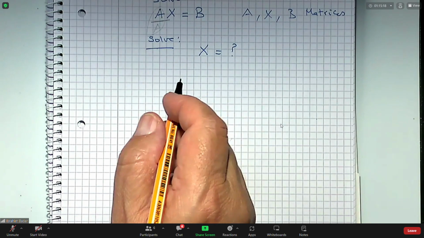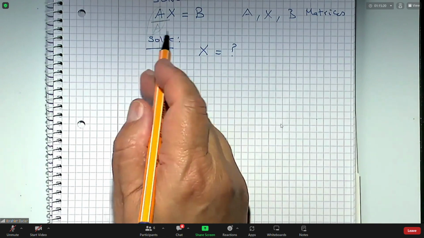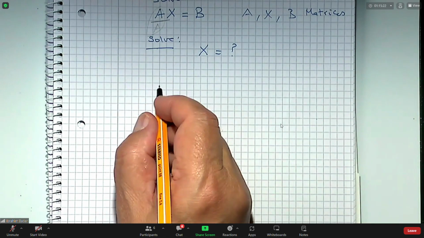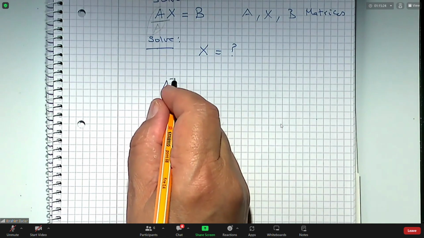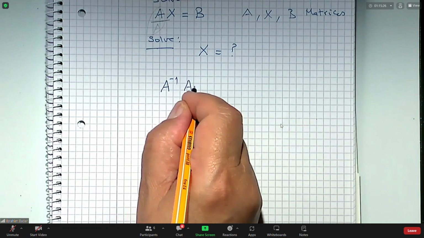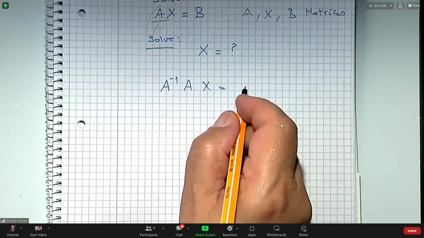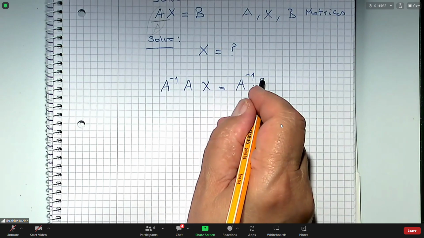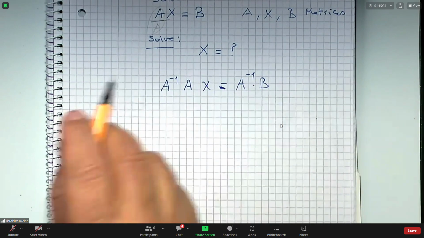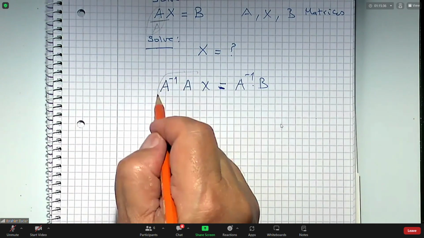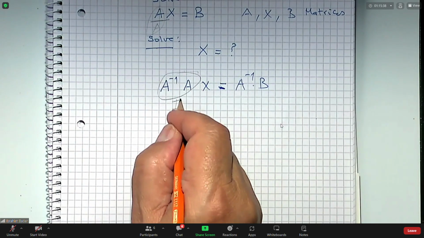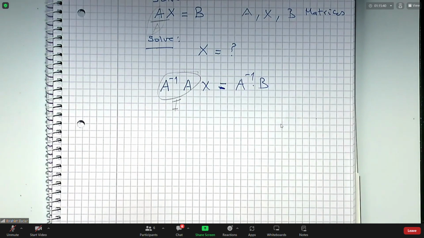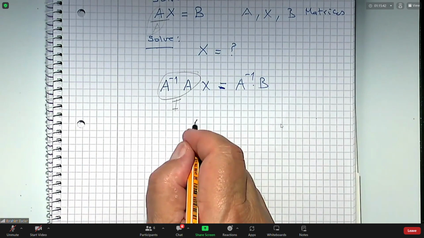But to get rid of this A to the left here, I multiply with A inverse, and then I multiply, of course, the right-hand side with A inverse. And this will give me here I, of course, but the identity multiplied by any matrix is the same.